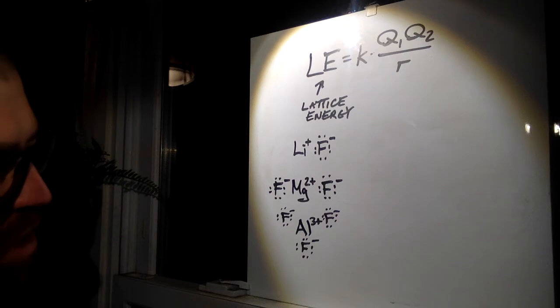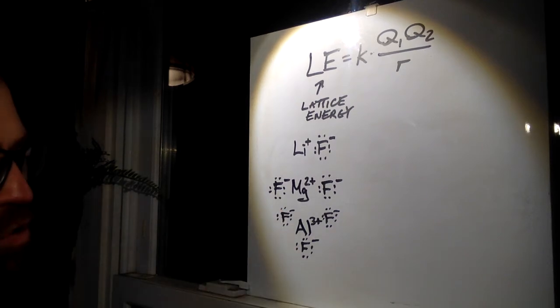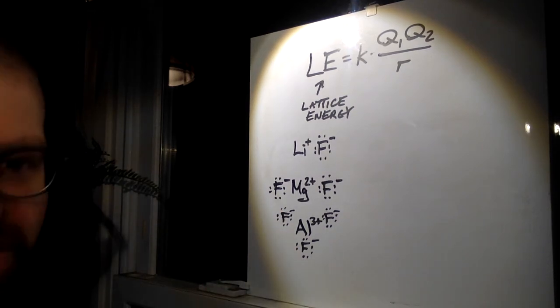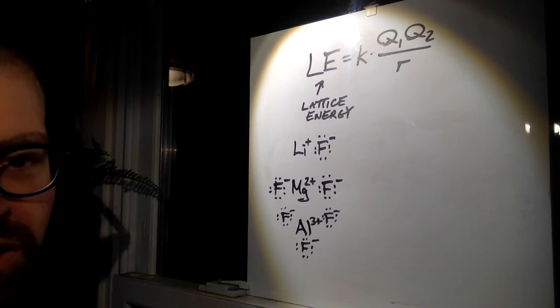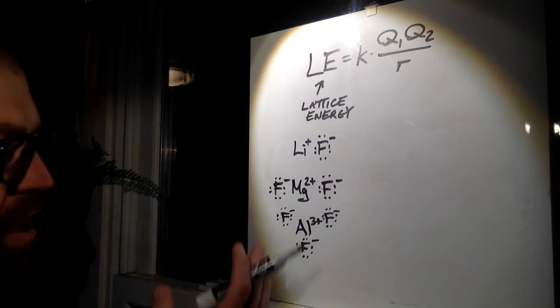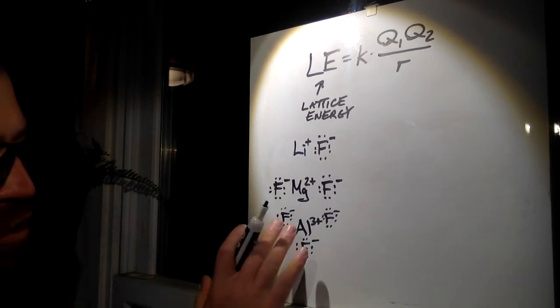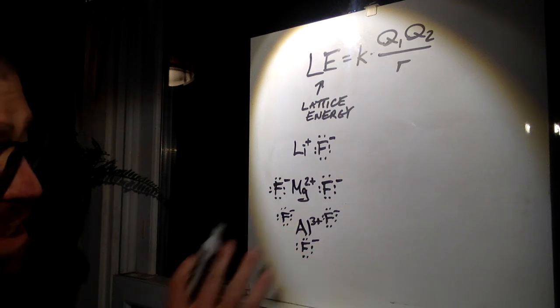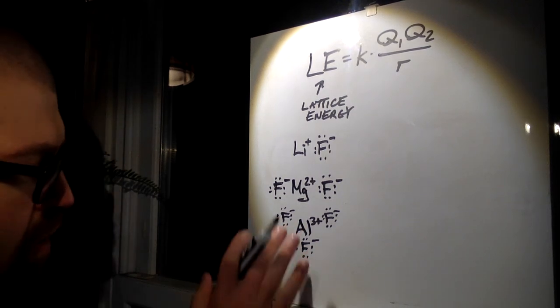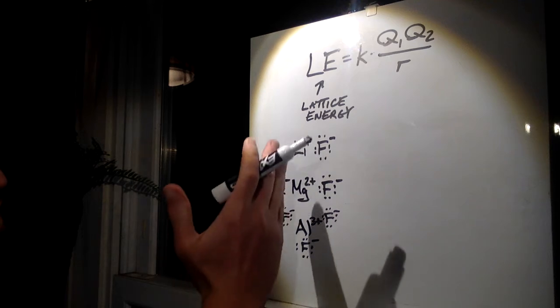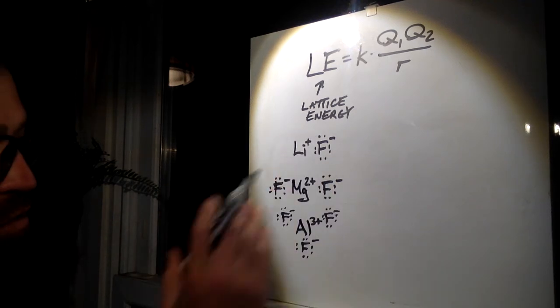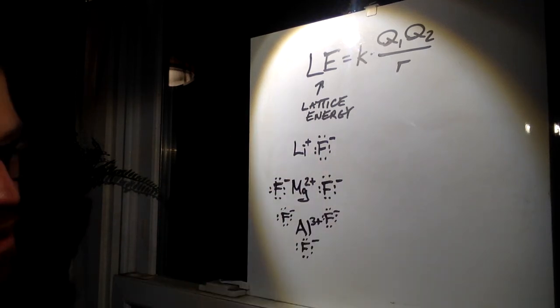But as we're envisioning this, aluminum having that 3+ charge, since it has 3 valence electrons and will lose those in becoming a metal ion, naturally will have 3 times the amount of attraction to a fluoride ion versus magnesium's attraction to the fluoride ion versus lithium's attraction to the fluoride ion.